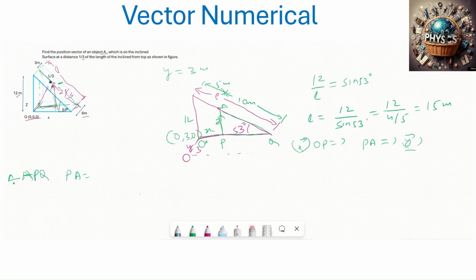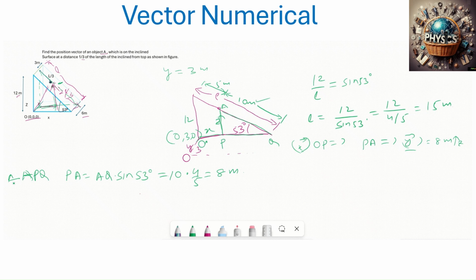PA is AQ into sine 53 degree, and AQ is nothing but 12 by 3, which we already know it is 10 meter. So it is 10 into sine 53 degree, which is 4 by 5, and we get 8 meter. Okay, so we get the value of PA equal to 8 meter. Very good. So this means that it moves in the z direction by 8 meter.